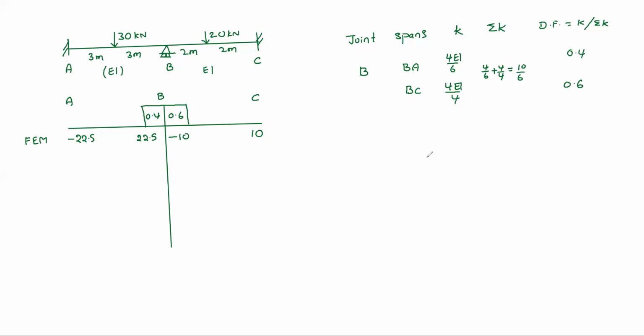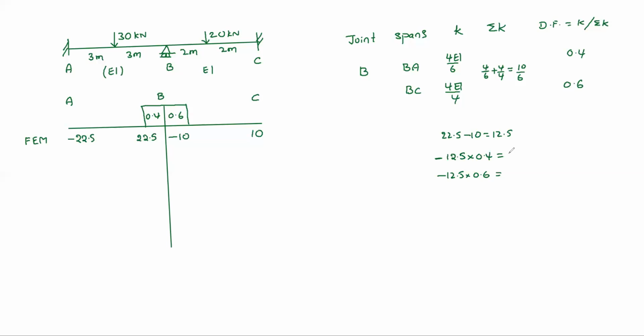So for 12.5, we need to apply minus 12.5 in the ratio of 0.4 and 0.6.